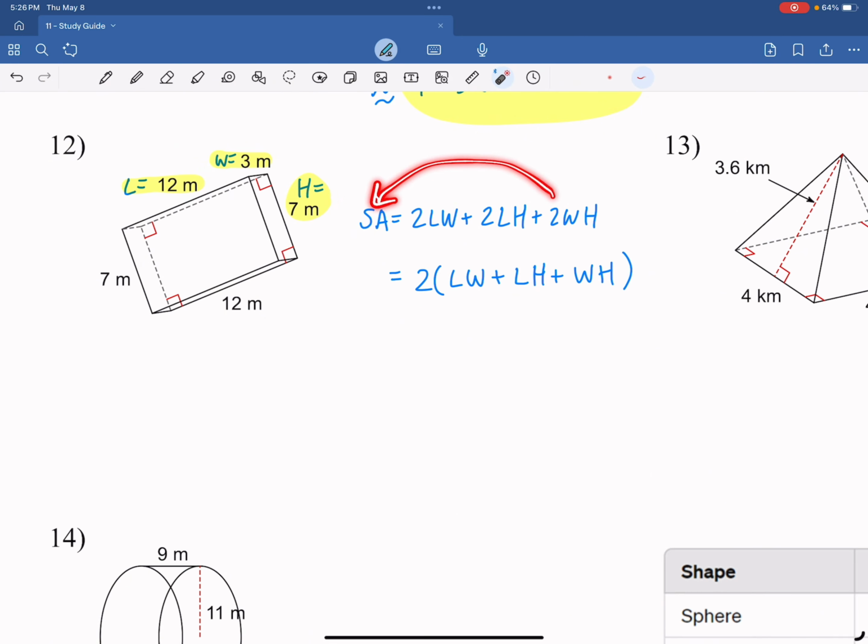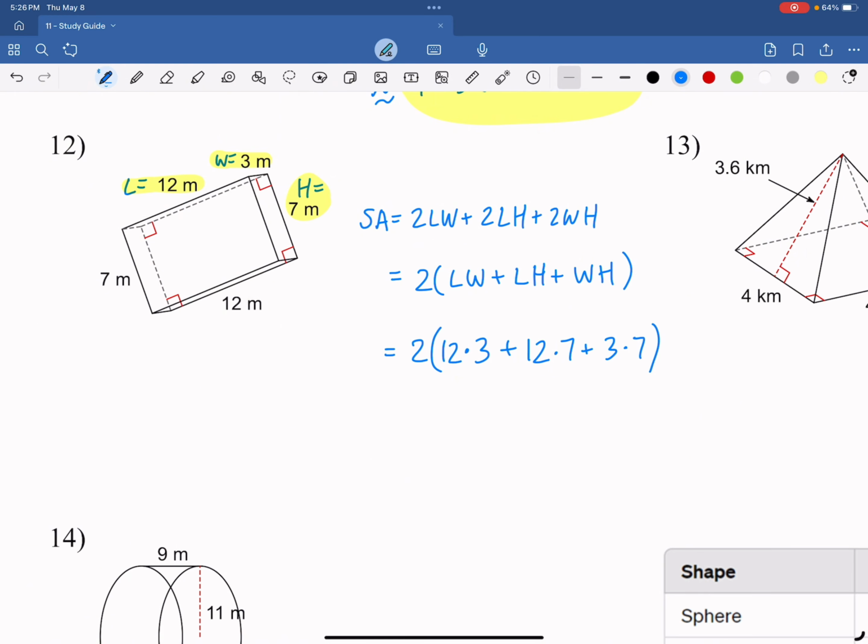Again, we factored it out, right? It's like anti-distribution. We factored it out so that only 2 is on the outside. And then at this point, let's multiply some of these numbers. We have 12 times 3, length times width, plus 12 times height, which is 7, and then 3 times 7.